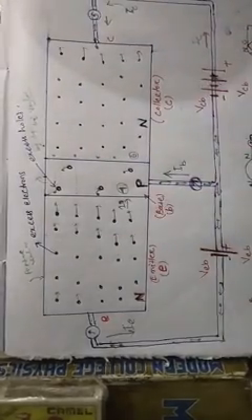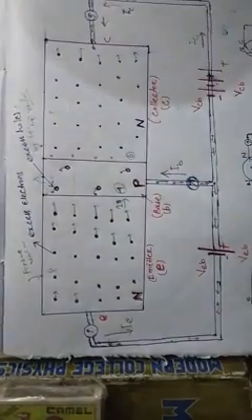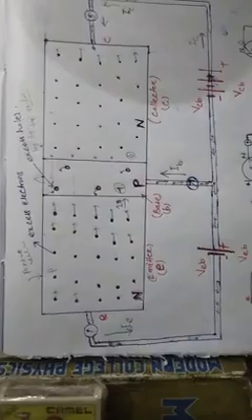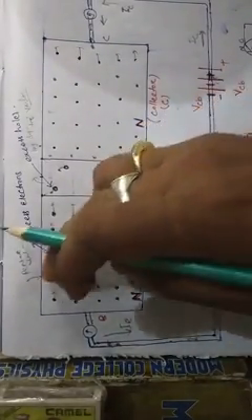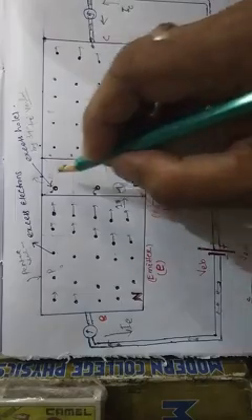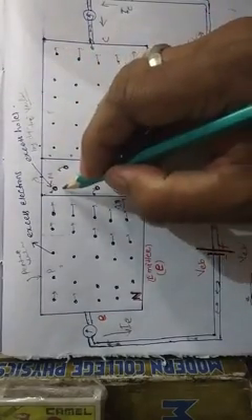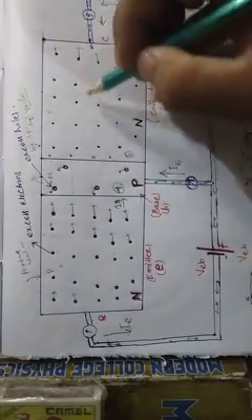Suppose this side you take P and this side N and this side P. P side means excess hole will be present. So instead of electrons you have to draw holes, and here the N side is the thin part, so you have to put only a few electron dots, and here you have to put holes.